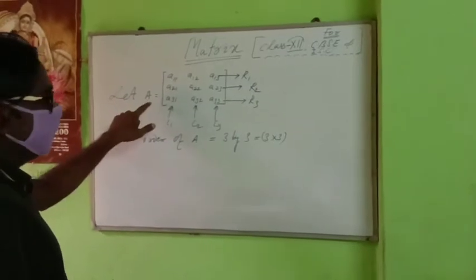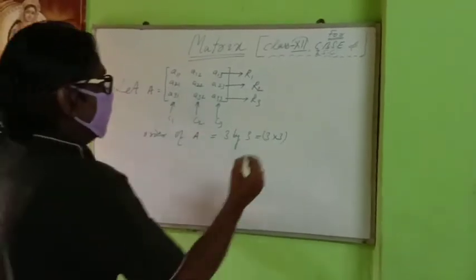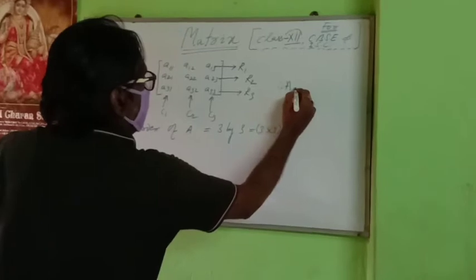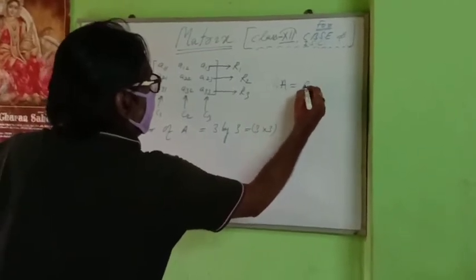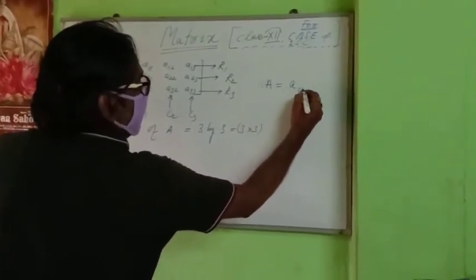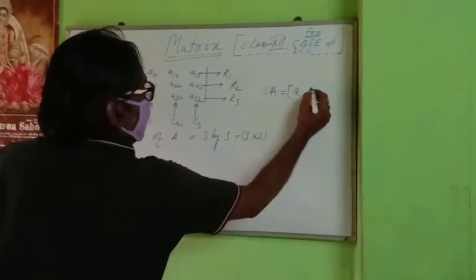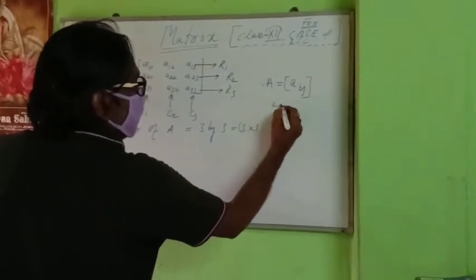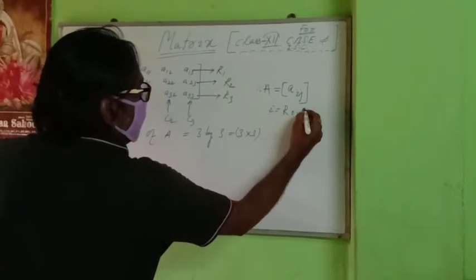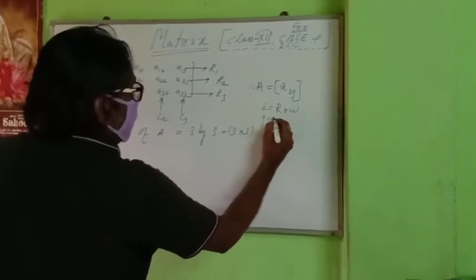So this matrix A can be written like this also. Therefore, A is equal to [aij], each element denoted by aij. I stands for row and J stands for column.